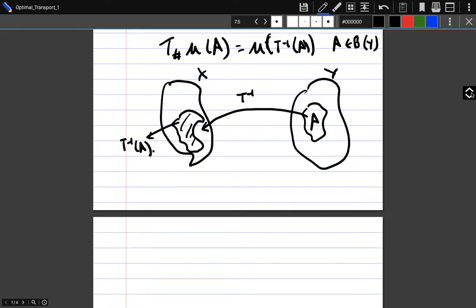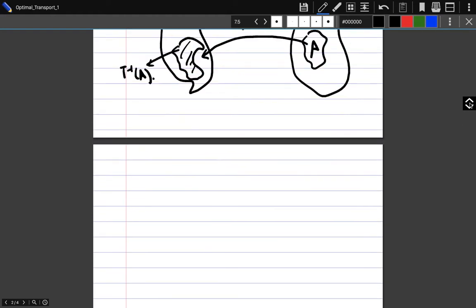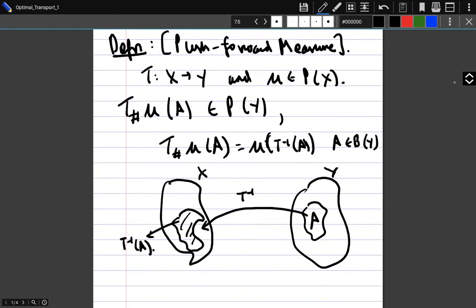So this is the first notion, and it would be nice, as a sanity check, to verify something. In the definition, usually this fact is not included. You just say that you have a measurable map T and a probability measure mu, and with these two things you define a new measure, and a priori you don't assume that it's a probability measure.